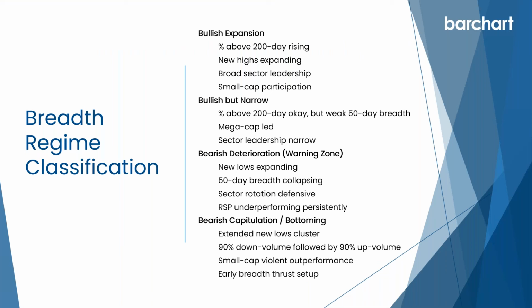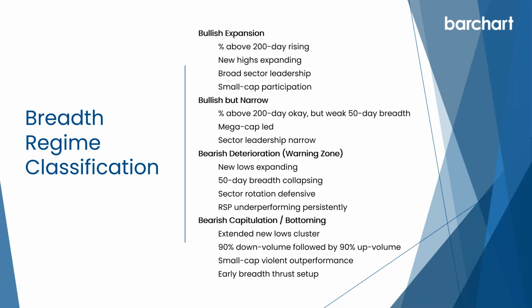Typically bullish but narrowing is mega cap love. We saw that recently, and our sector leadership is narrowing. A bearish deterioration: new lows expanding, very negative or bearish 50-day breadth, sector rotation into more defensive, and again, our equal weight is underperforming our index.